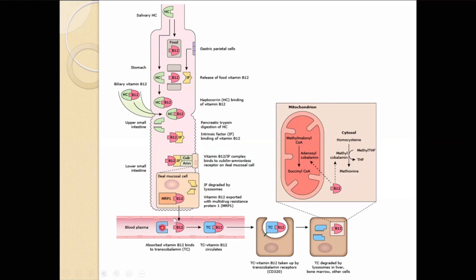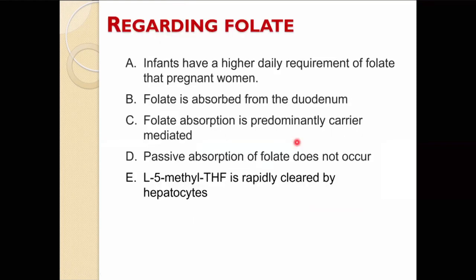And in the blood, it's transported bound to transcobalamin and taken up by endocytosis into cells. Inside the cells, it's converted into either adenosylcobalamin or methylcobalamin, and it's involved in these enzymatic transactions.